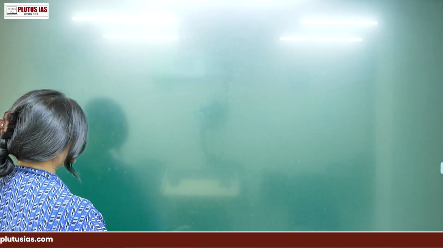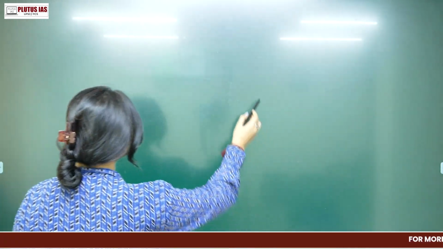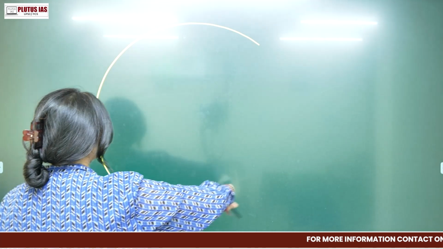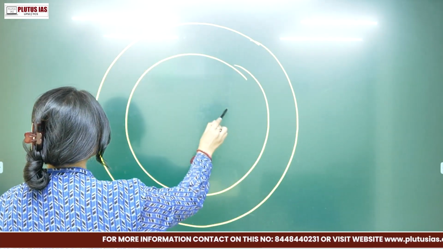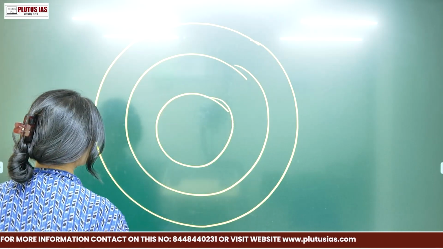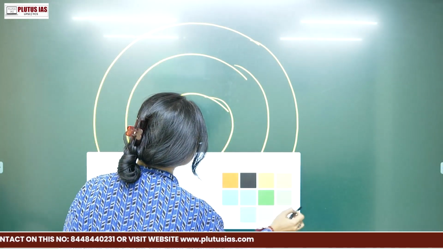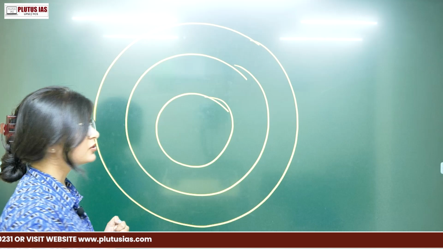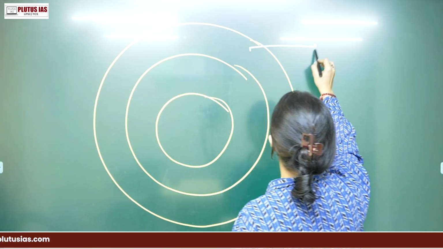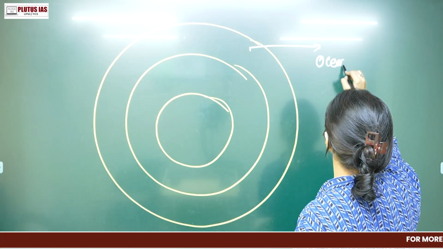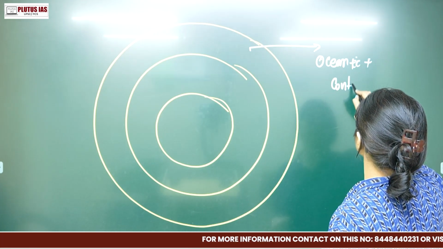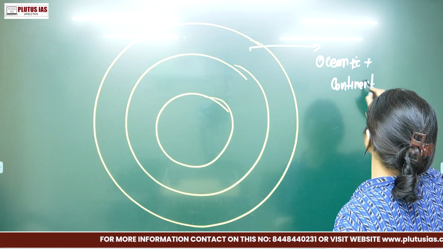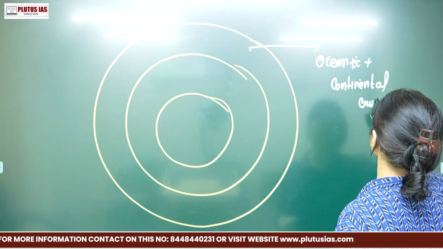Okay, next, how they change. For example, I wanted to discuss how the different concentric layers which we have change their composition, right? For example, this is your oceanic and continental crust, which is forming the uppermost part of the earth.